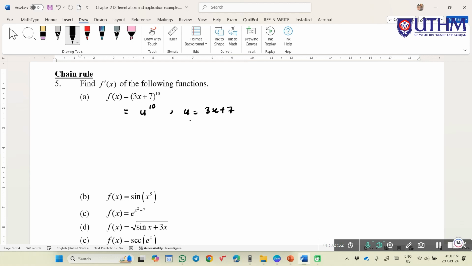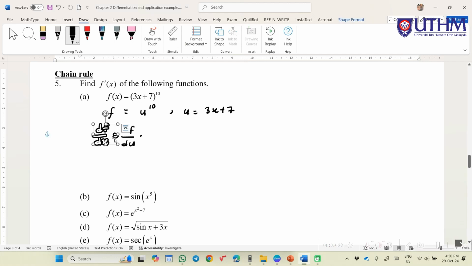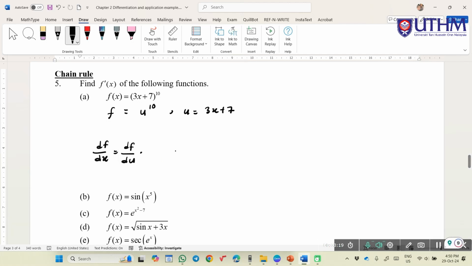So df over dx equals df over du multiply with du over dx.